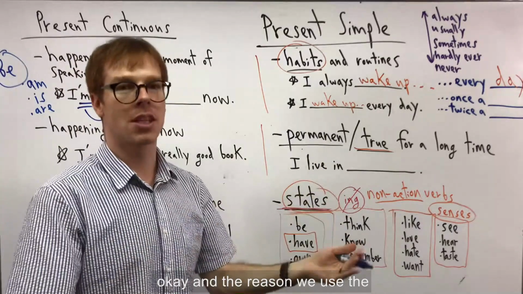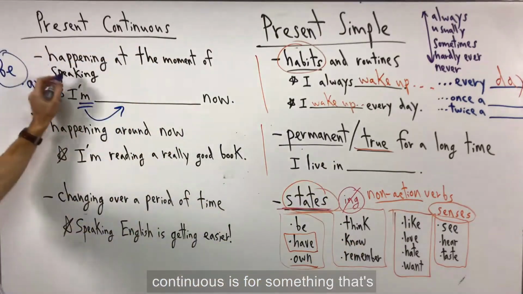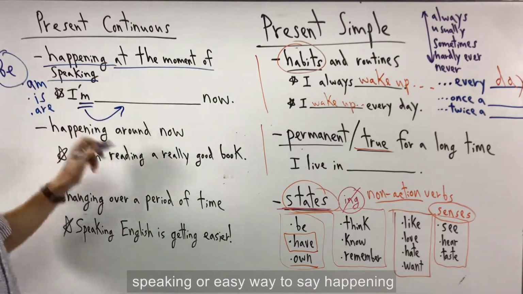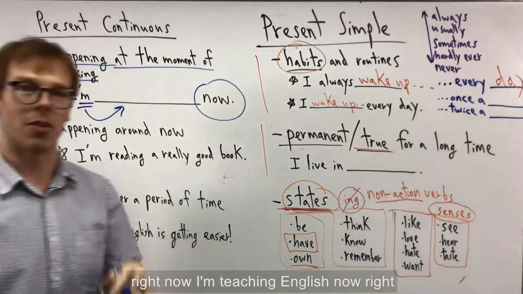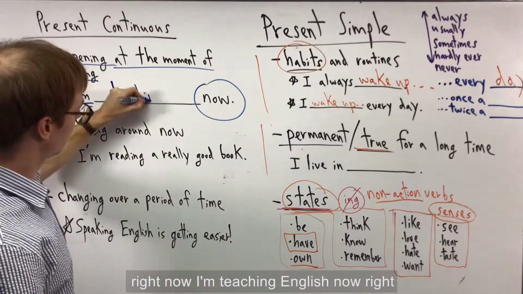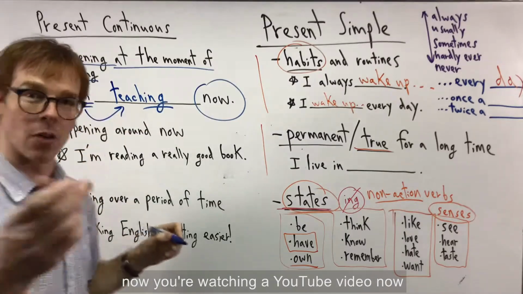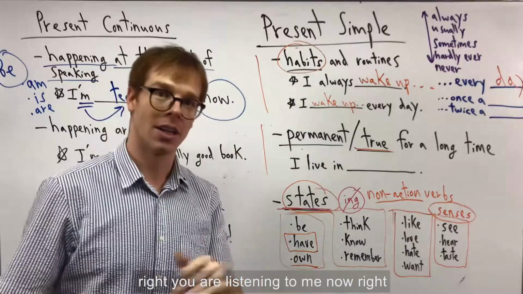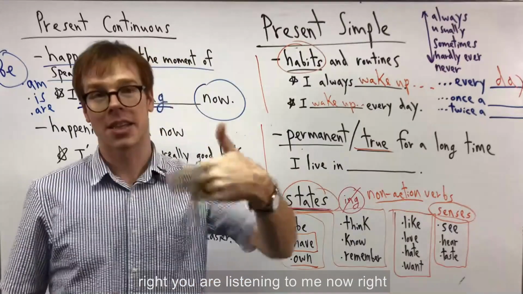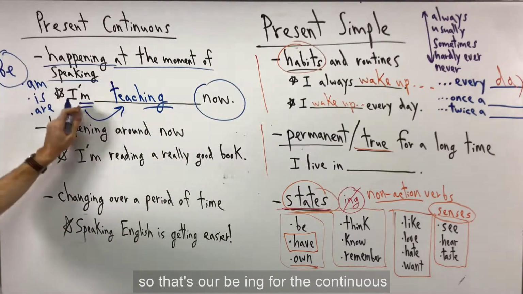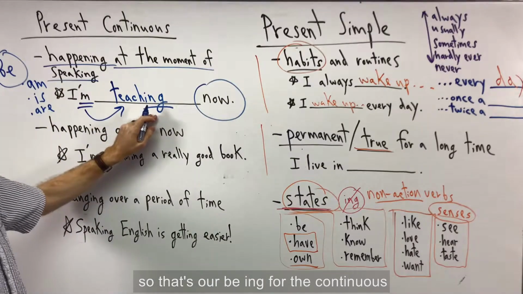And the reason we use the continuous is for something that's happening at the moment of speaking, or an easy way to say it, happening right now. I'm teaching English now. Right now, you're watching a YouTube video. You are listening to me now. So that's our be-ing for the continuous.